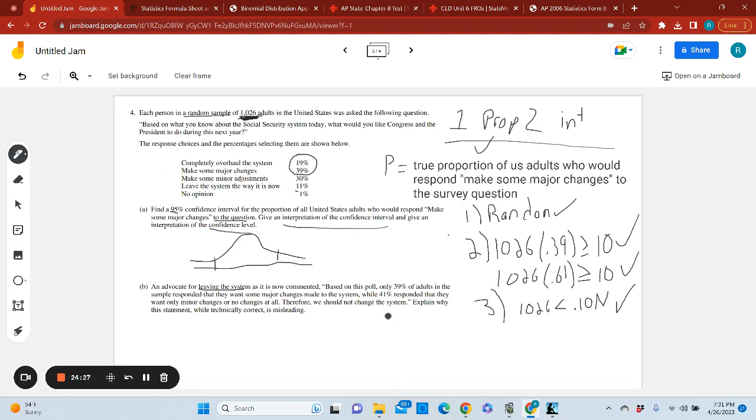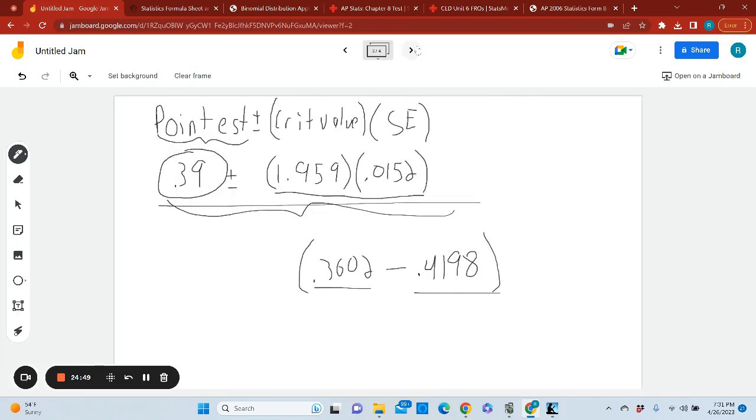So him using these 41% of people to justify not making any changes doesn't really add up, because even though only 39% of people want to make major changes, there's another 19% who want to completely throw this thing out and start over. All right. So that's just a little bit of an interpretation question.